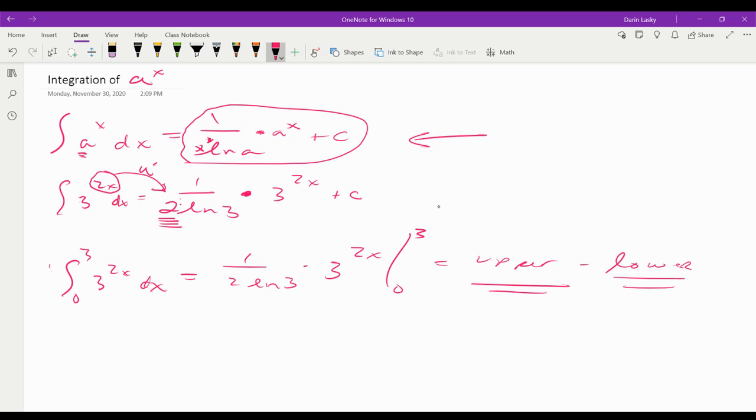So if you're given something like this right here, if you're given e to the 3x, don't forget that 3 is going to pop out somewhere in the problem. Just little pieces like that.